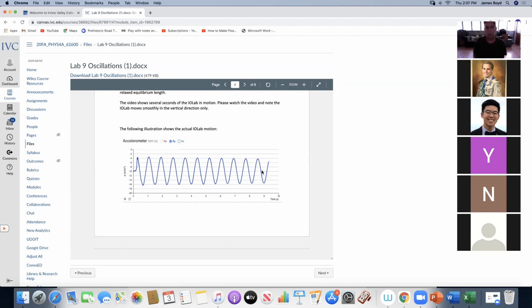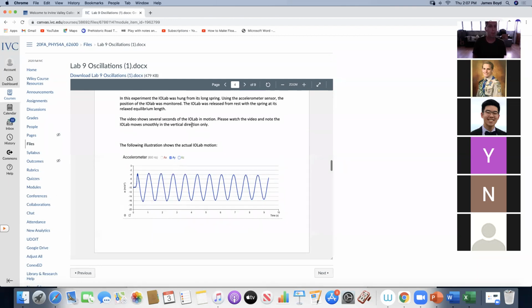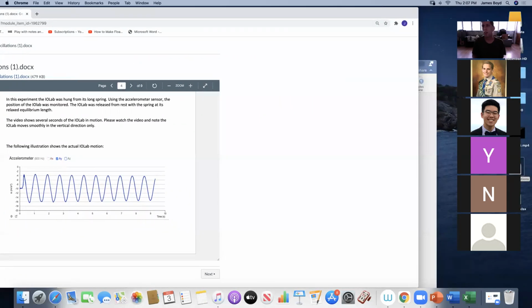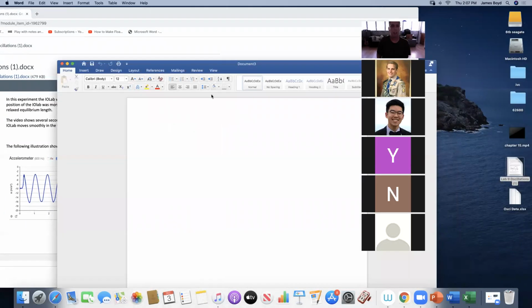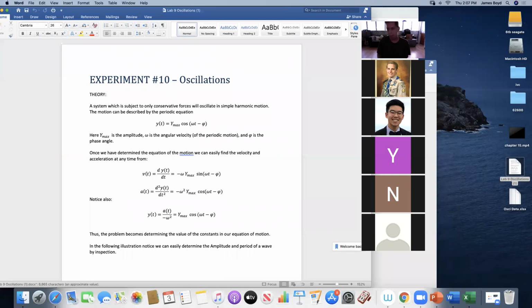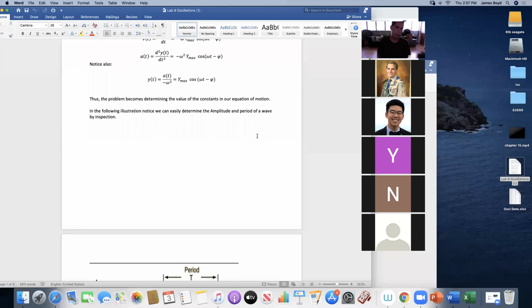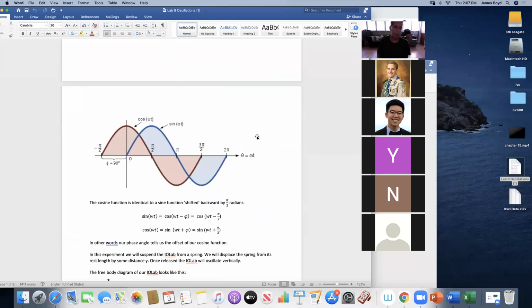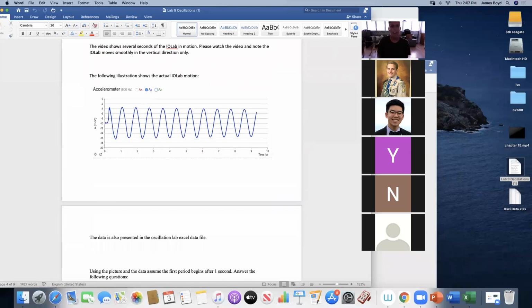And that motion is sinusoidal. Sinusoidal meaning it can be described by cosine, it can be described by sine. I'm going to actually open these in the actual documents that I have here. So what I did was I suspended it, I let it go for a bunch of periods, and then I downloaded the data file.